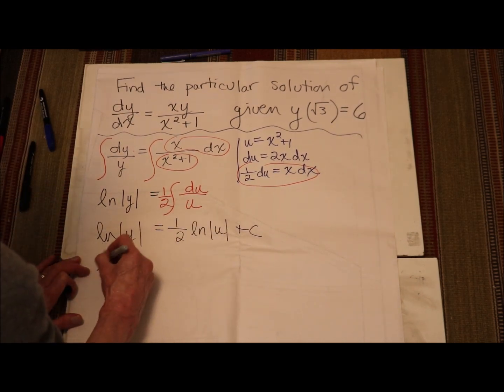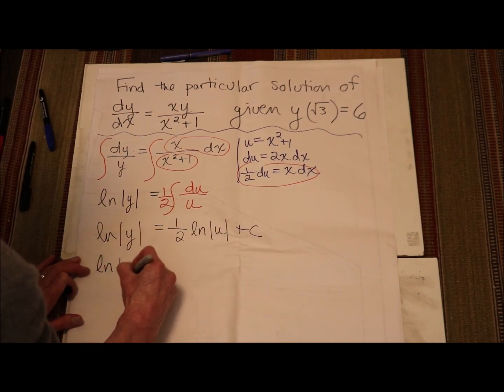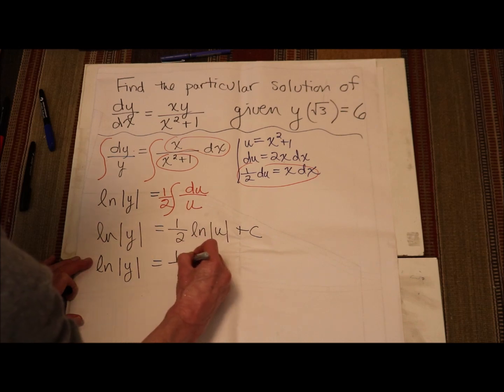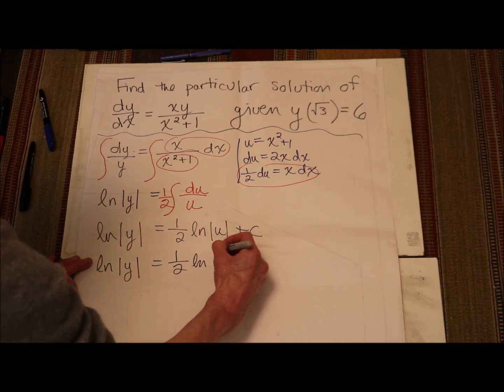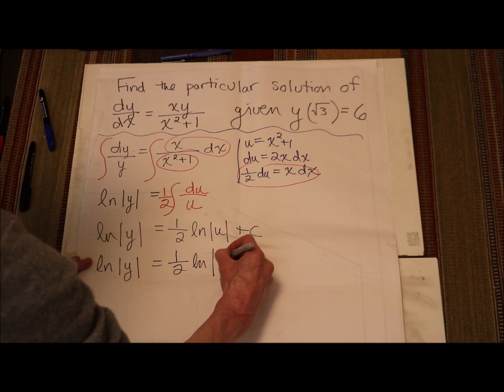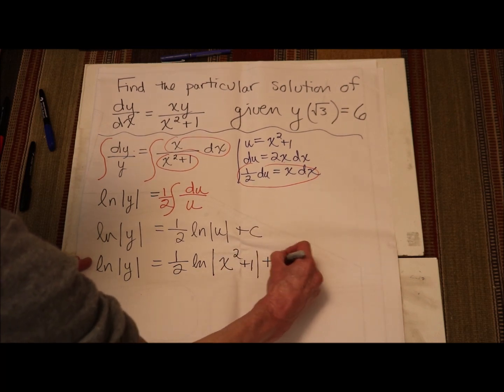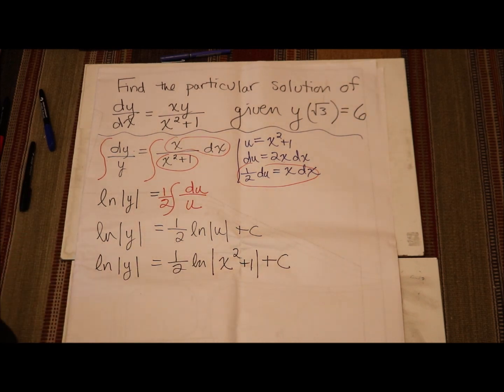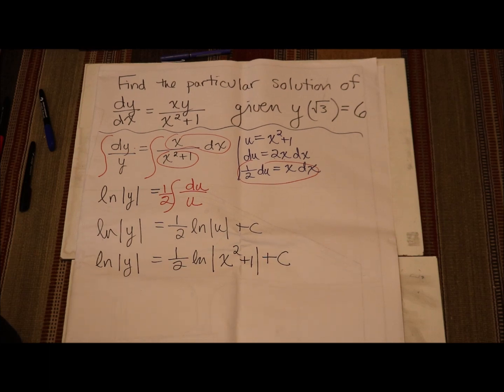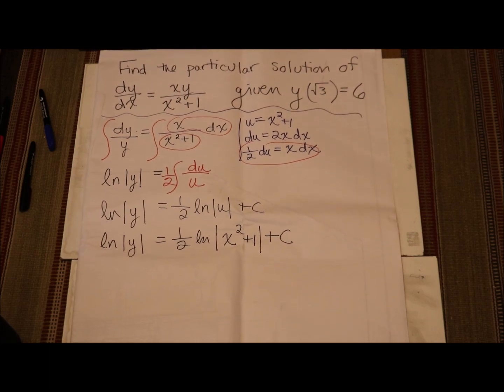Okay, let's put that back in x land, since this is an indefinite integral and I want my function to be in terms of x. So I have x squared plus 1 plus c. All right, now the question is, how do we best go about solving for y?